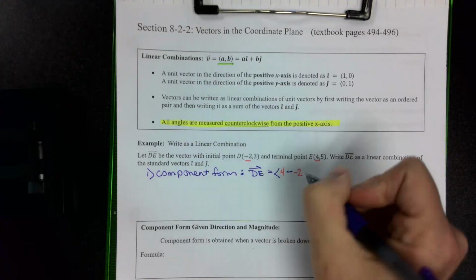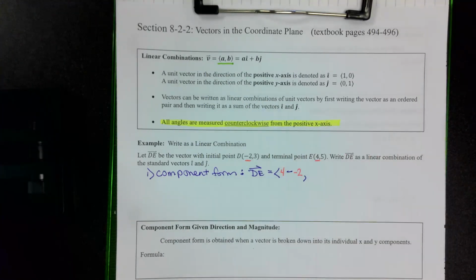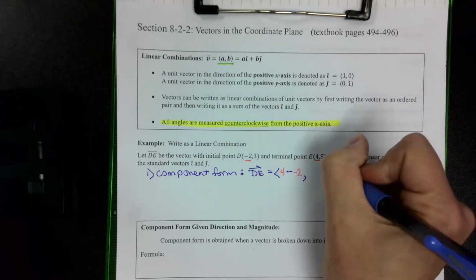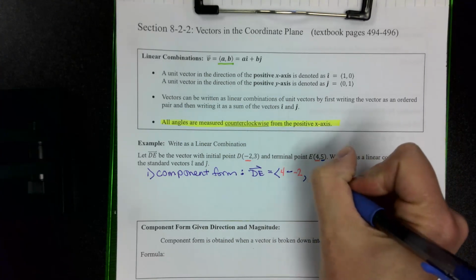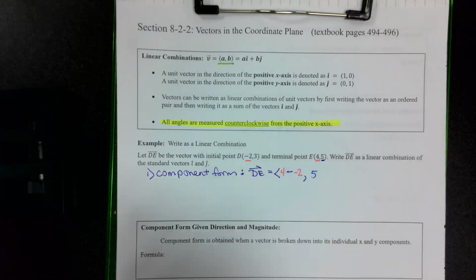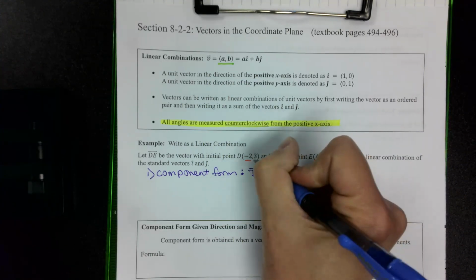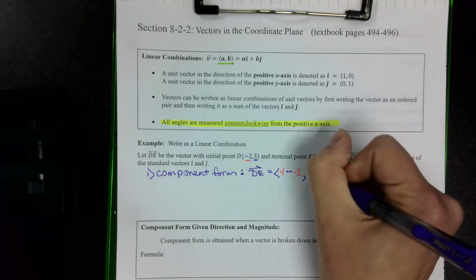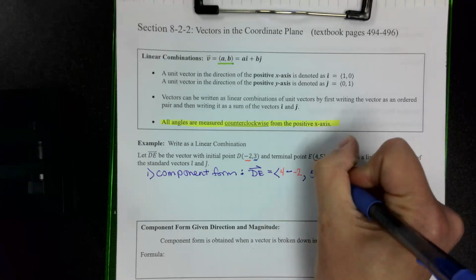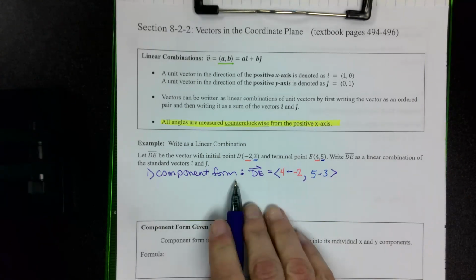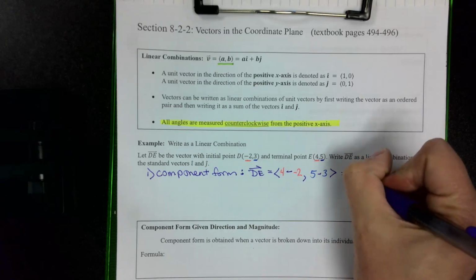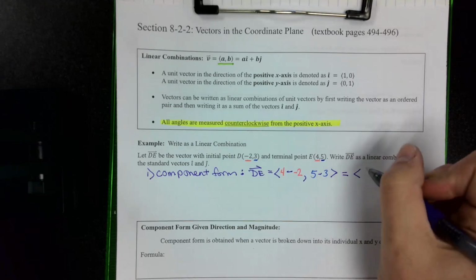And then we're going to take the y values, the 5 of the final y value, and subtract the initial y value, 3. That gives us the component form of the vector: 6, 2.